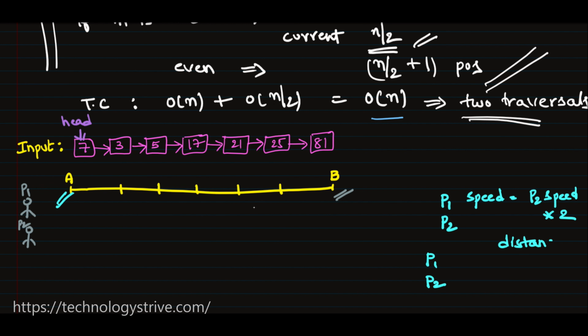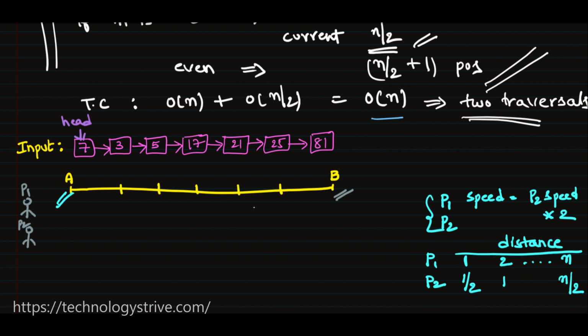If P1 reaches 1 meter, P2 reaches half a meter. If P1 reaches 2 meters, P2 reaches 1 meter. Like this, if P1 reaches n meters, then P2 reaches n by 2 meters.